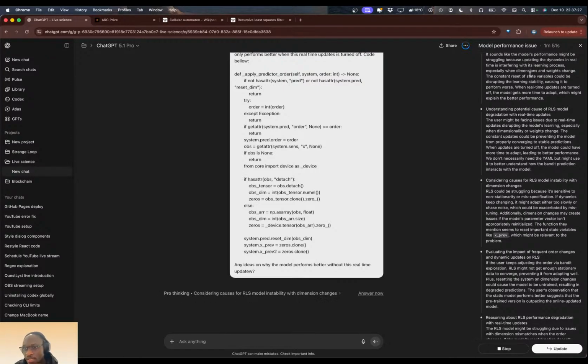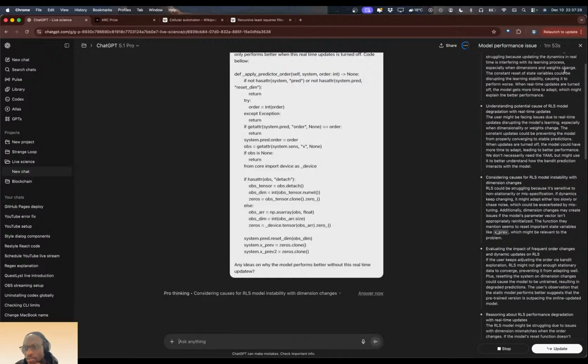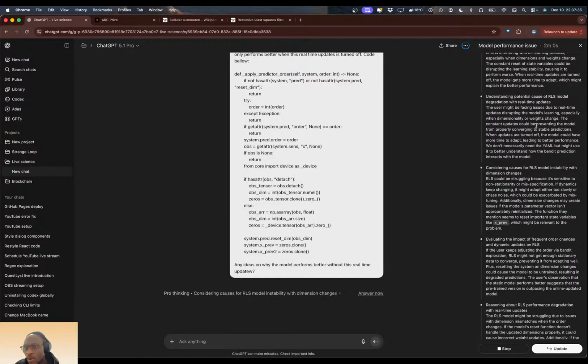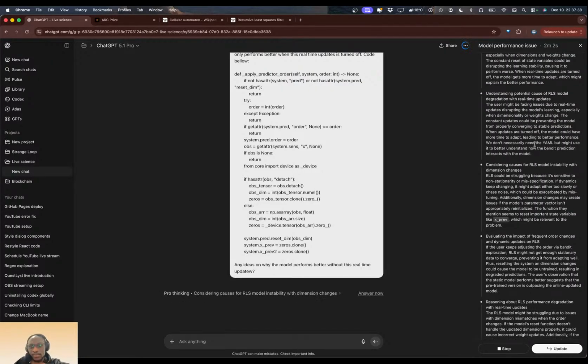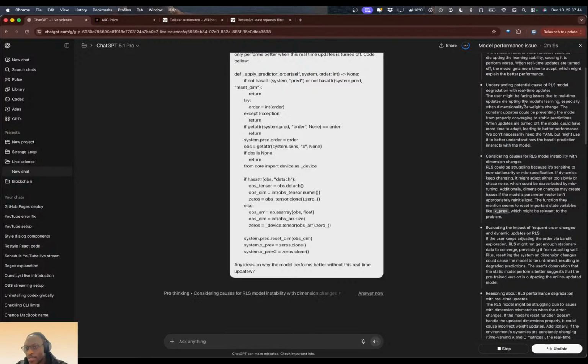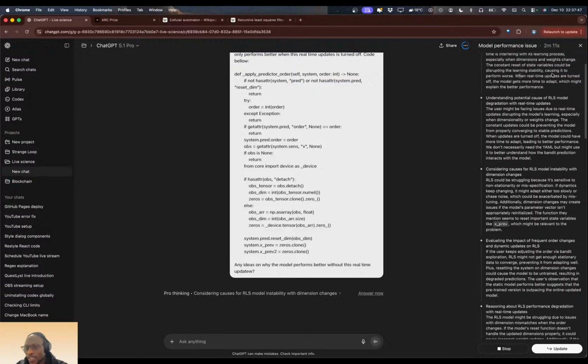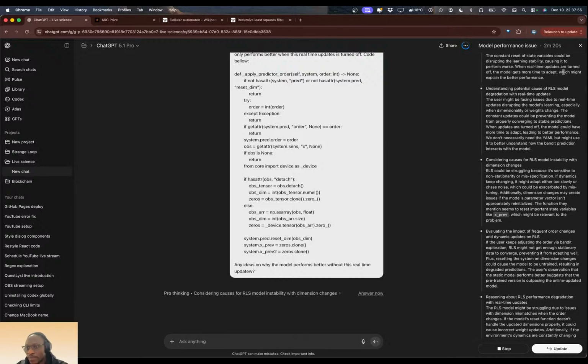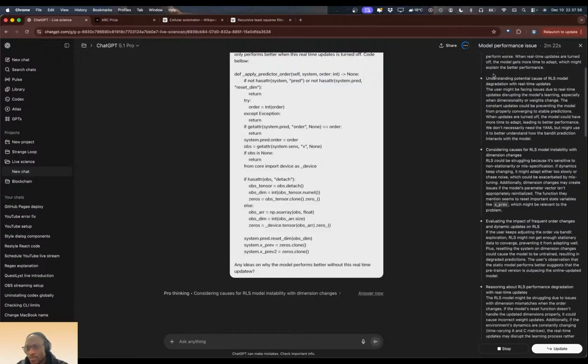The constant reset of state variables could be disrupting the learning stability, causing it to perform worse. When real-time updates are forced off, the model gets more time to adapt, which might explain the better performance.